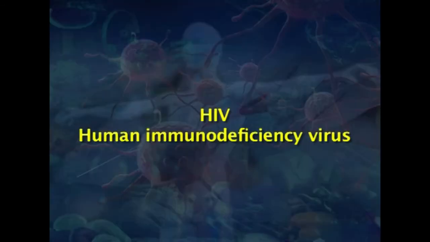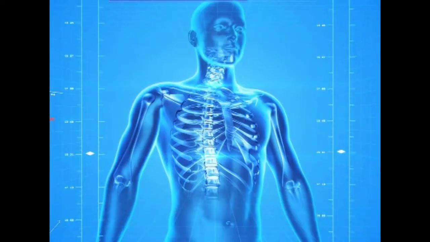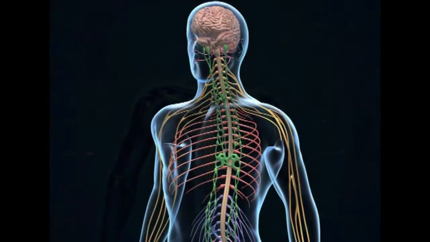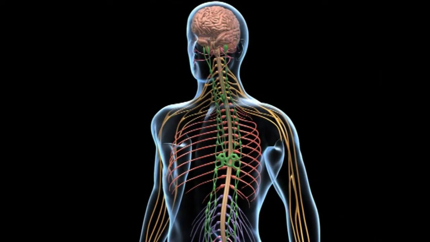Next is HIV or human immunodeficiency virus. Now, as I said, this attacks both the immune system and the nervous system. Immunity refers to the resistance to or protection against a specified disease.